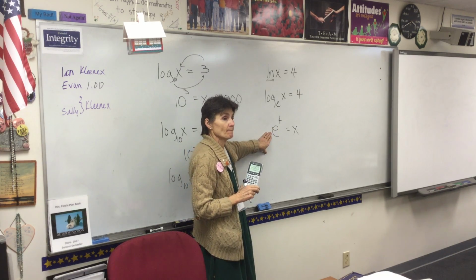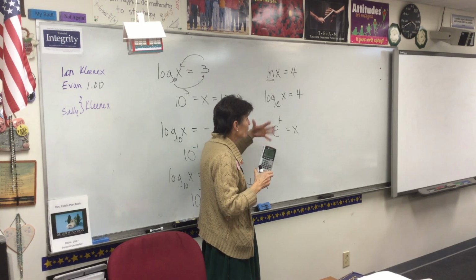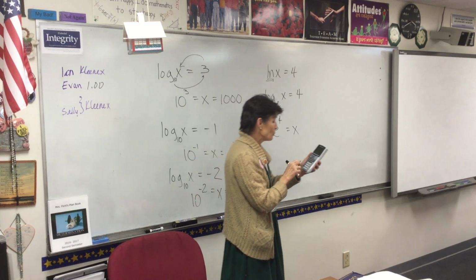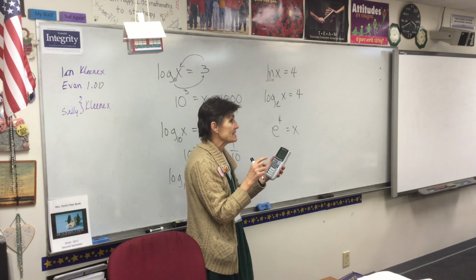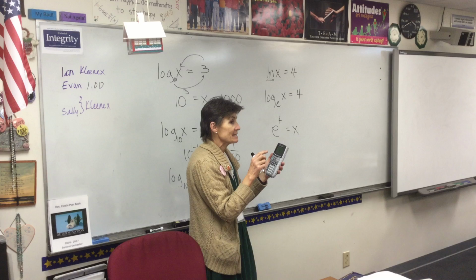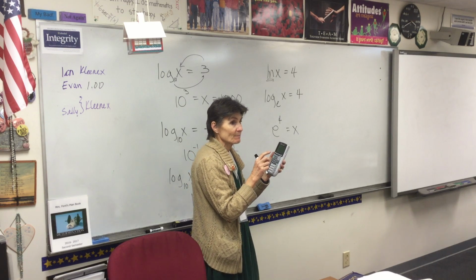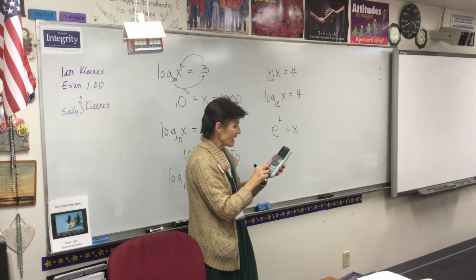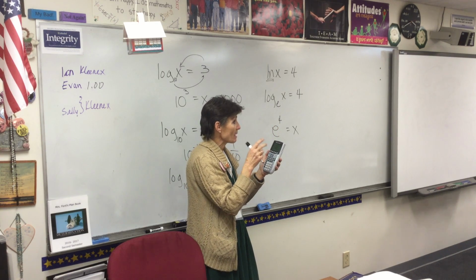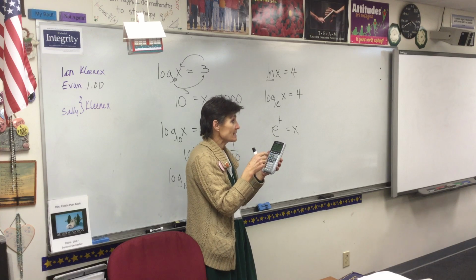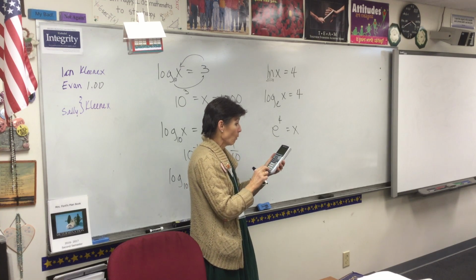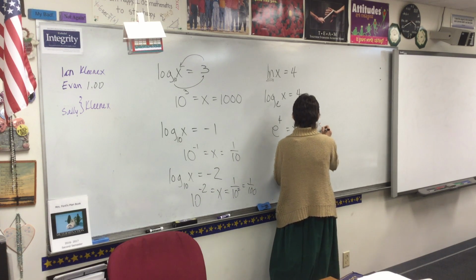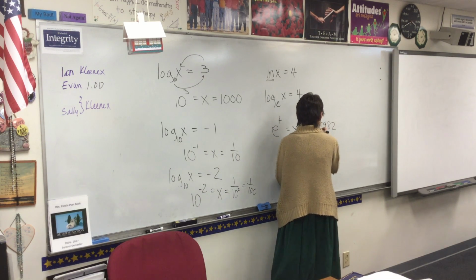On your calculator, you actually have an E button. Does anybody see it? Yes. Where is it? It's right over ln. So if you do second ln, it pulls up E, and it says what power do you want? Type in 4. And the decimal is 54.5982.